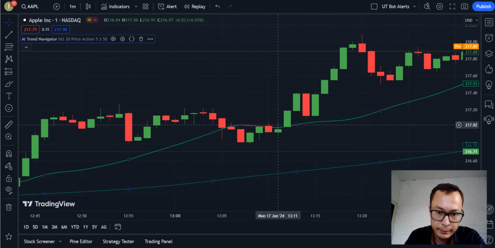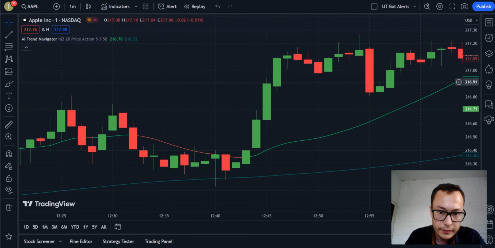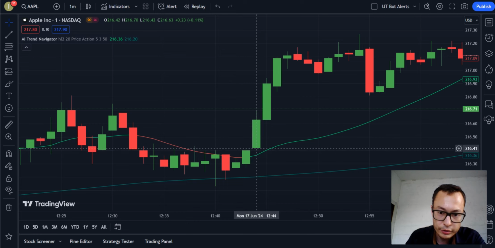So, for example, let's say this one here. This is a green candlestick bar, so this represents an increase in the Apple stock within 1 minute.